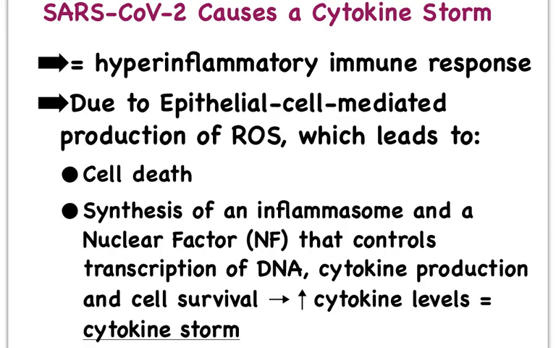And so let's do a little bit of applying what we've learned. We've learned about cytokines. We've learned about ROS in our cell injury topic. We've learned about cell death, so all kinds of cell injuries. We've learned about inflammasomes.